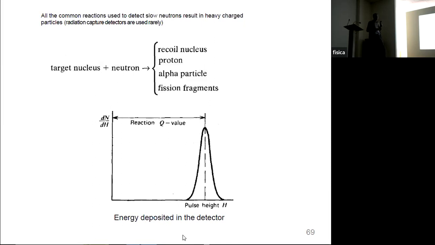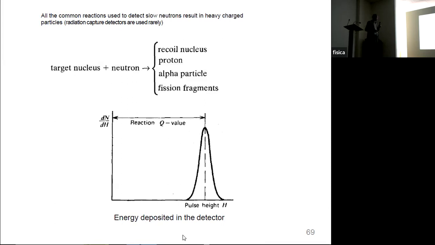These charged particles ionize the matter, lose their energy, and in reality create a pulse which looks like a Gaussian, and the average of this distribution shows you the energy value of the reaction.